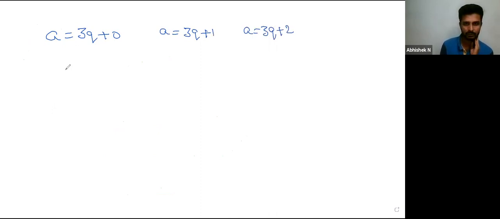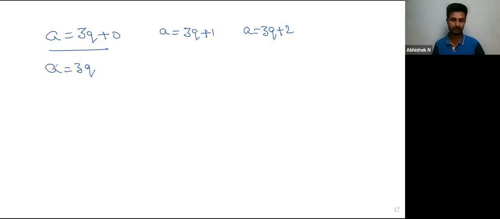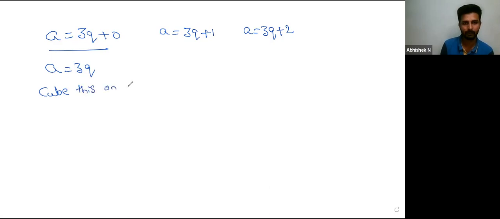Let us consider the first one, that is a is equal to 3q, and we need to cube this. The question is asking to show that the cube of any positive integer is of the form 9m, 9m plus 1 or 9m plus 8. So we need to cube this on both sides. Then a cube is equal to 27q cube, right?